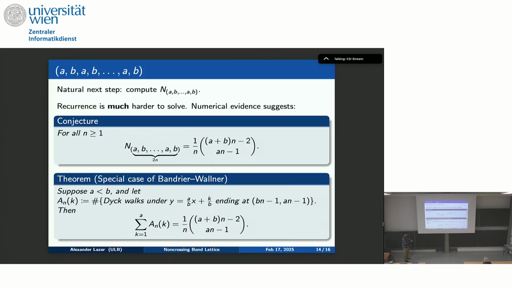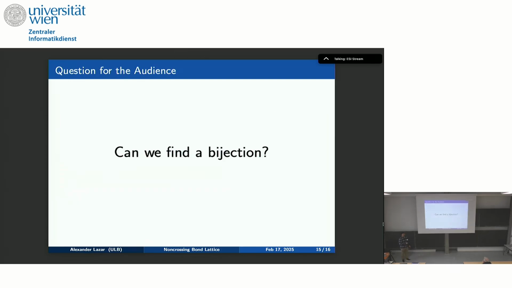And then if I count all of these sets, where some of these walks are counted with multiplicity, I get exactly this binomial expression.